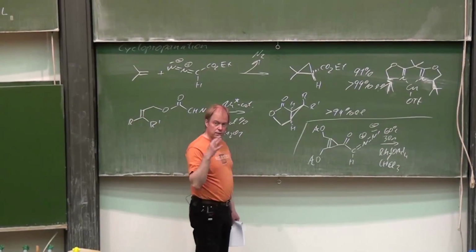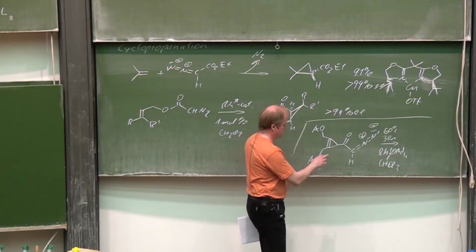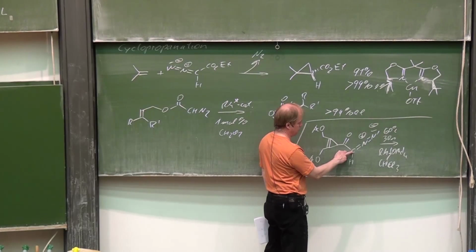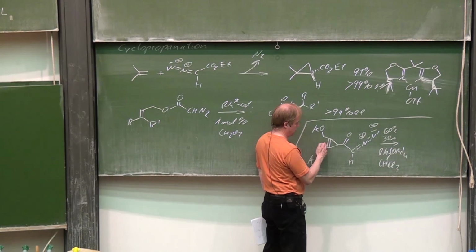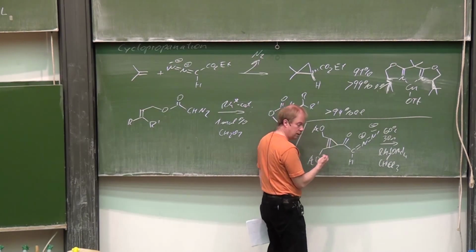For solving this problem, just imagine that you produce a carbene here, reacts in a cyclopropanation with that olefinic bond, which is part of a cyclopropene.